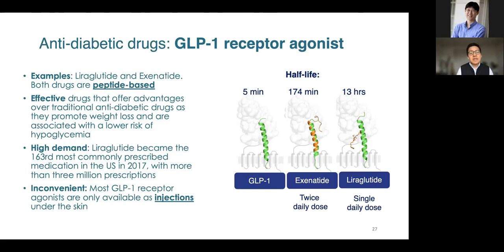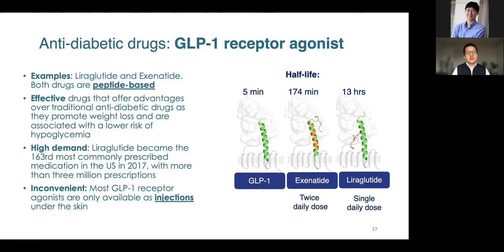And the inconvenient part about this is that most GLP-1 receptor agonists are only available as injections under the skin. So for example, if you are using something like exenatide, you have to inject it 2 times a day. And if you're using something like liraglutide, there are different versions of this, but one of them is that you have to inject it once a day.